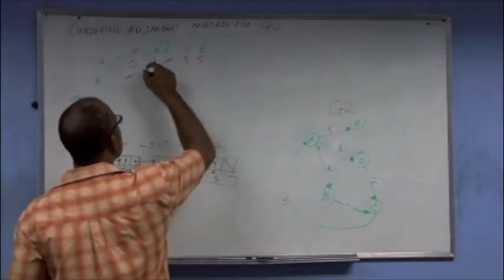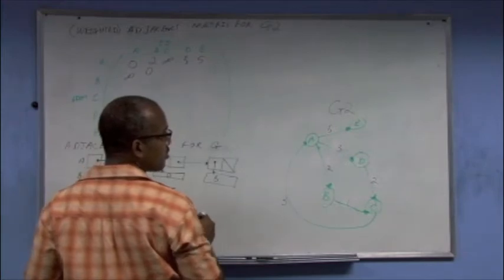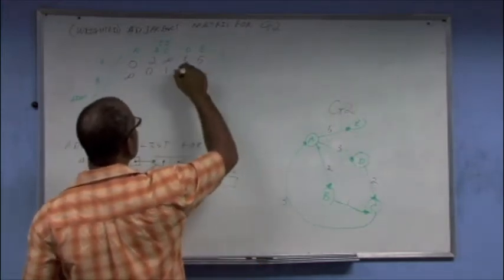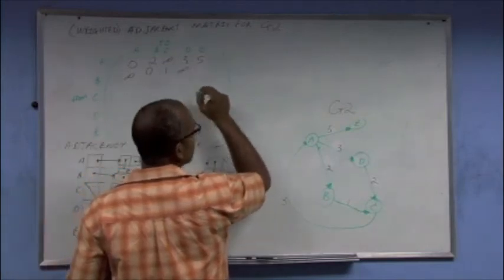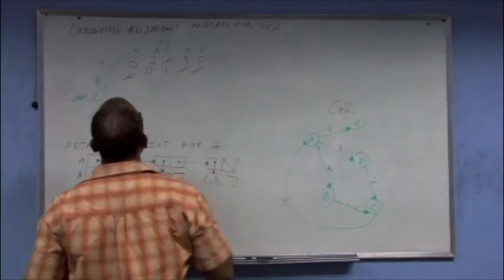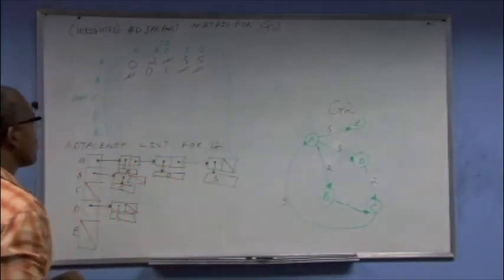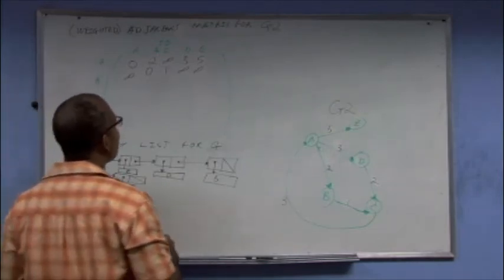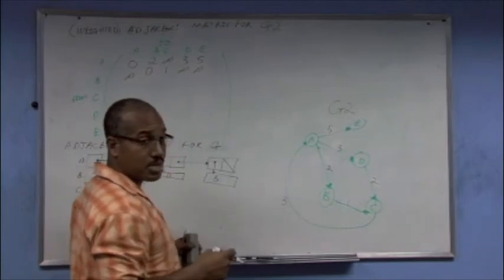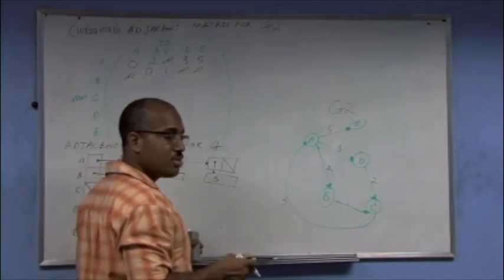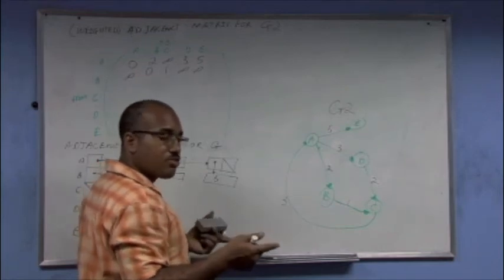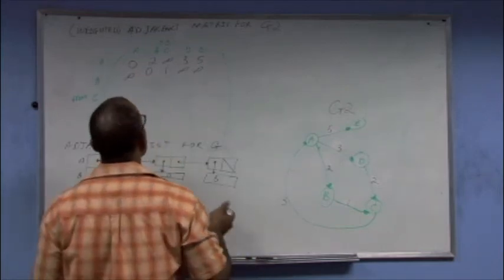B to B 0, B to C 1, B to D infinity, B to E infinity. After a while it becomes easier to just look for the edges, drop those in, and then infinity the rest, if it's a sparse graph. A sparse graph means that you don't have a lot of edges. In a dense graph, you have more edges.